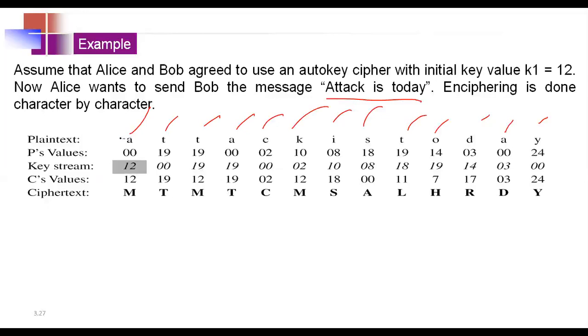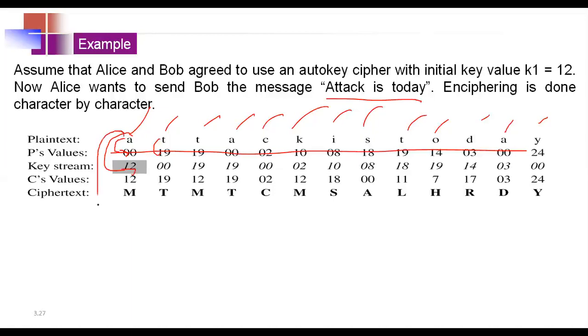What is the integer value of each plain text character? A is 0, T's value is 19. This is the normal assignment of integers from 0 to 26. Now for this A, its key value, the initial key value, is 12.